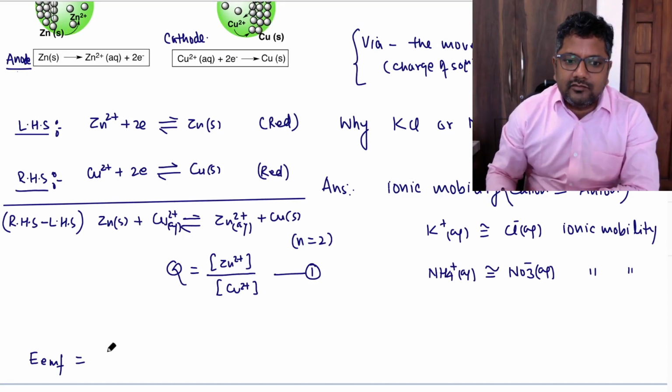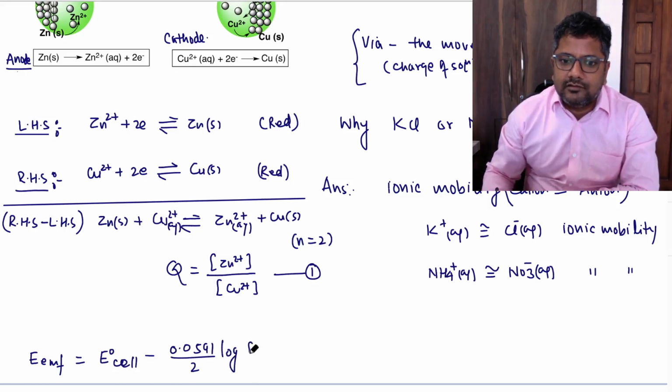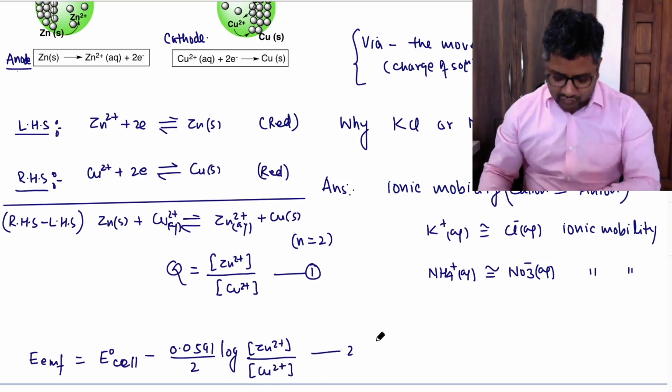EMF is equal to, next equation applied, E naught cell minus 0.0591 by 2 log Zn2 plus by copper 2 plus. So this is equation 2.